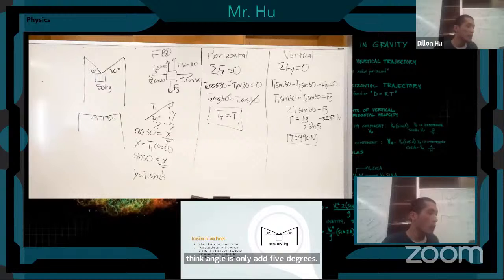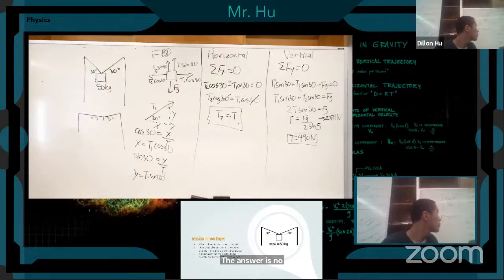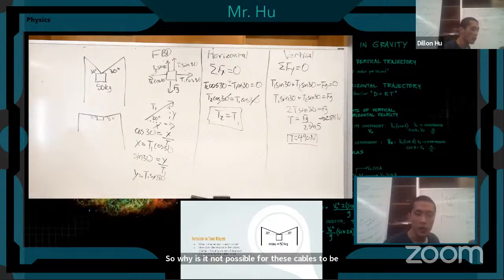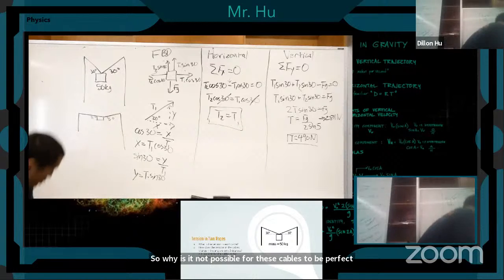So is it possible for the cables to be perfectly horizontal? The answer is no. So why is it not possible for these cables to be perfectly horizontal? Well, here's the issue.